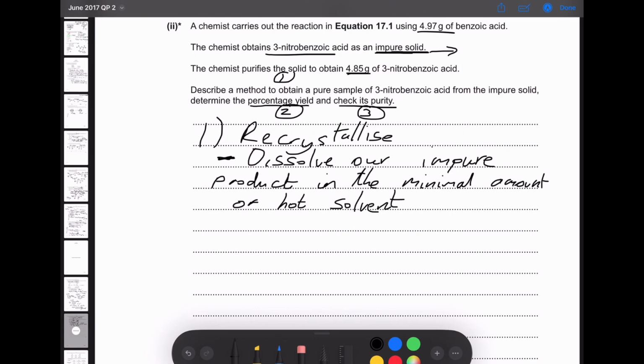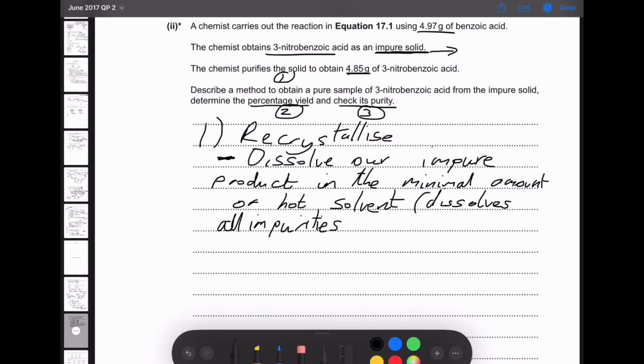And what does that do? Well, it dissolves all of the impurities. And then you're going to cool it.